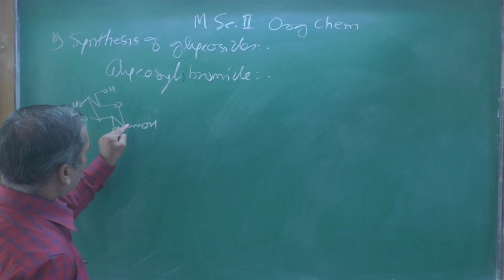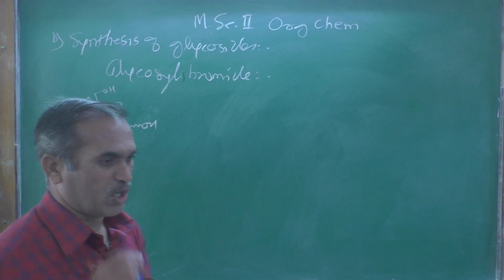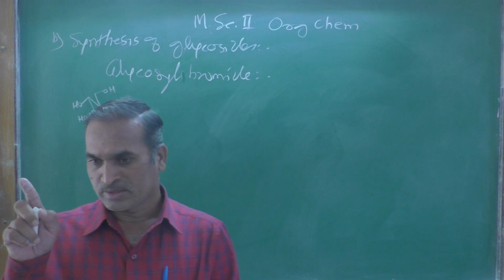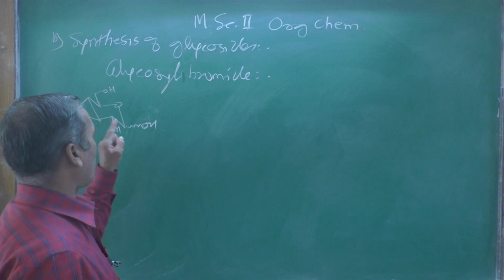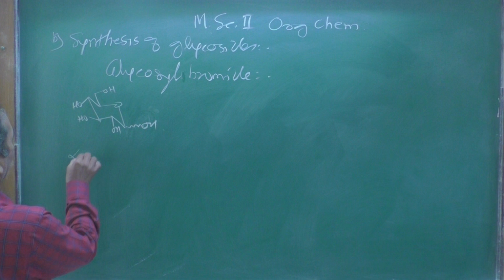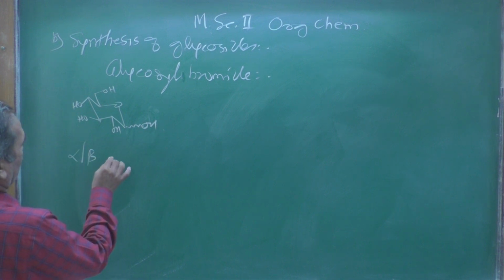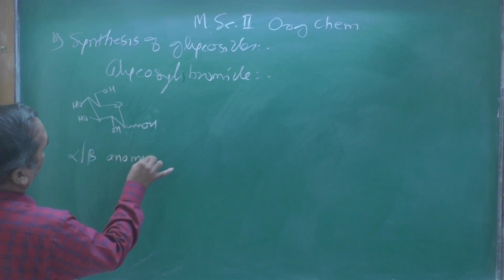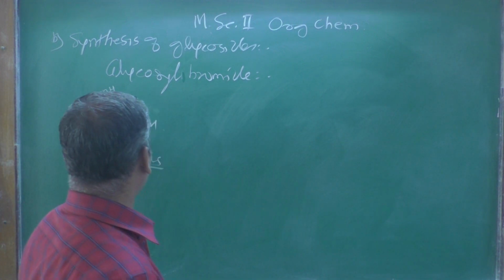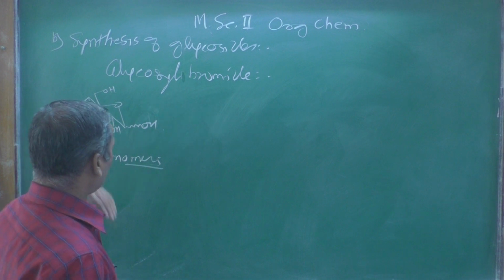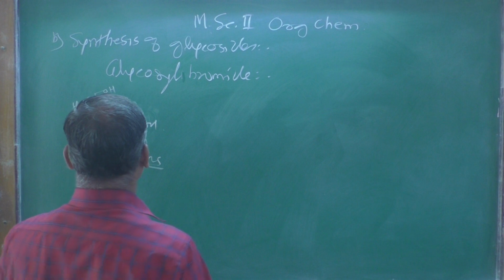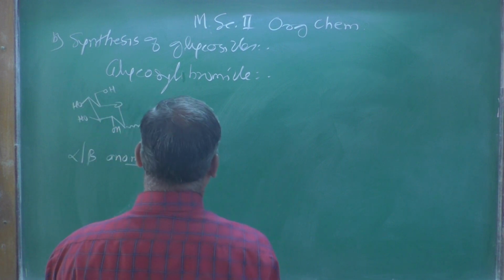And now this type of bond indicates that we don't know whether this is the alpha form or the beta form, because we know alpha or beta anomers, right? Alpha means the hydroxy group should be below the plane, and if the hydroxy group is above the plane, we call it a beta anomer.